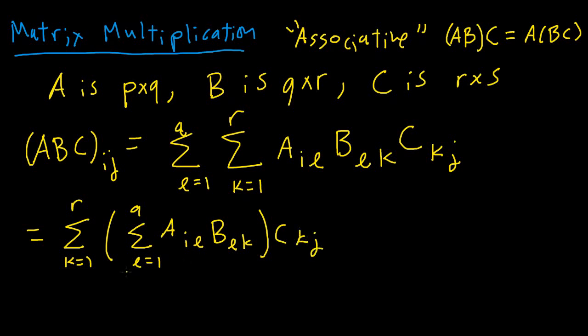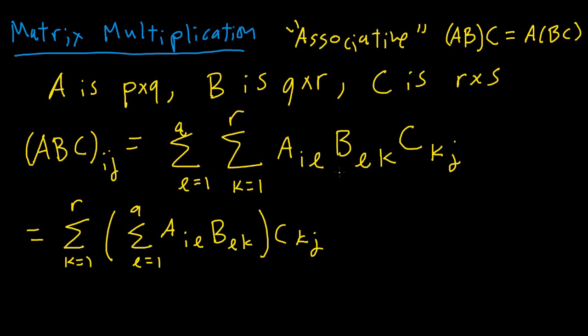I wrote this all in parentheses because we're summing over the dummy index L, and L is only inside the parentheses. So that's why I'm allowed to draw those parentheses. Anyway, this whole thing is just the ikth component of AB. So as we've written it here, we first do the multiplication of A and B, and then we multiply it by C. So that's one way we could do it.